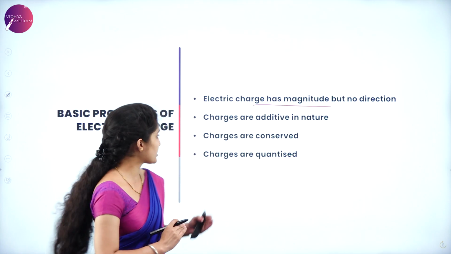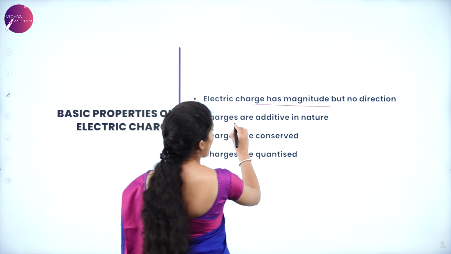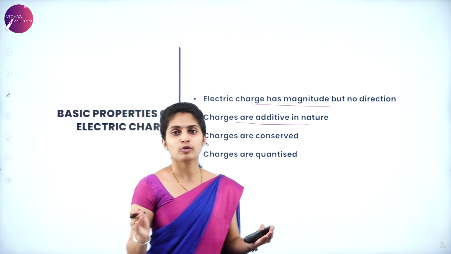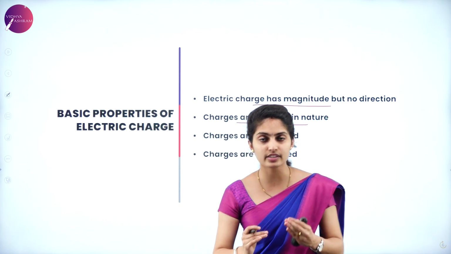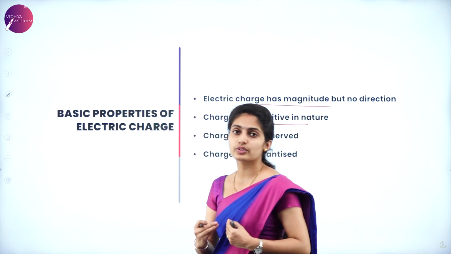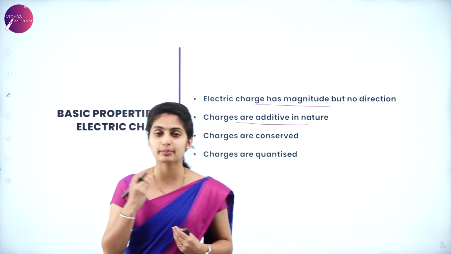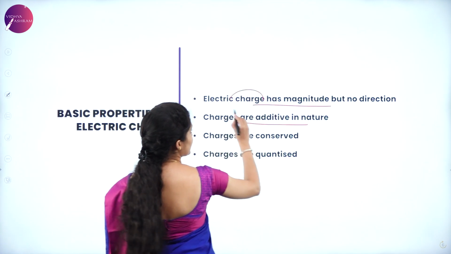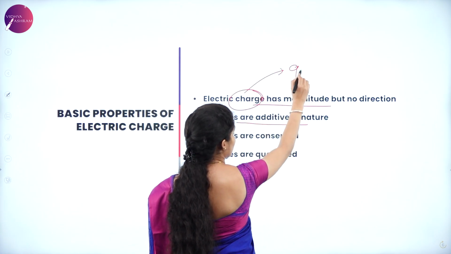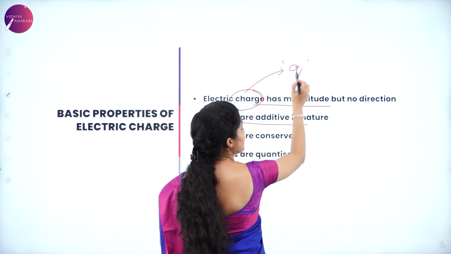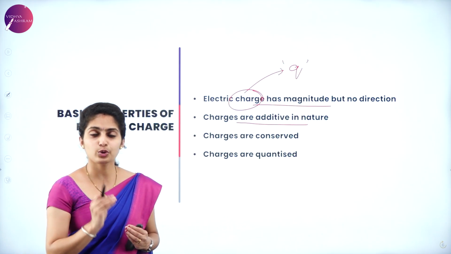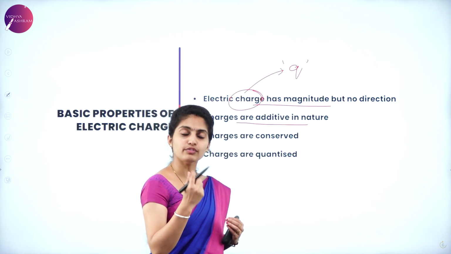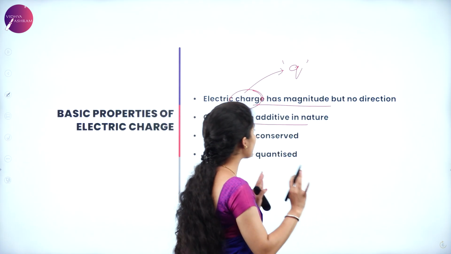Next, charges are additive in nature. We can add n number of charges altogether. Remember, the charge is always represented by Q, which can be positive or negative, any value.